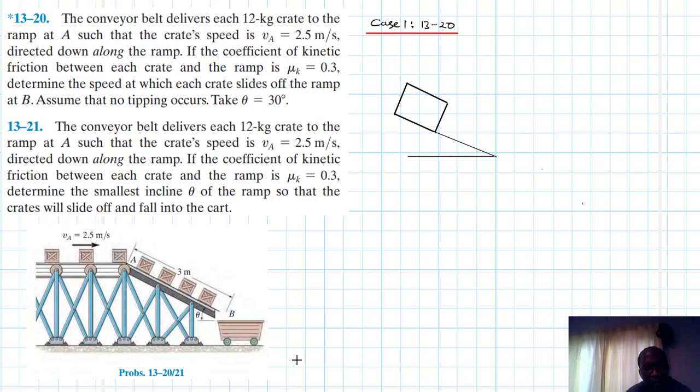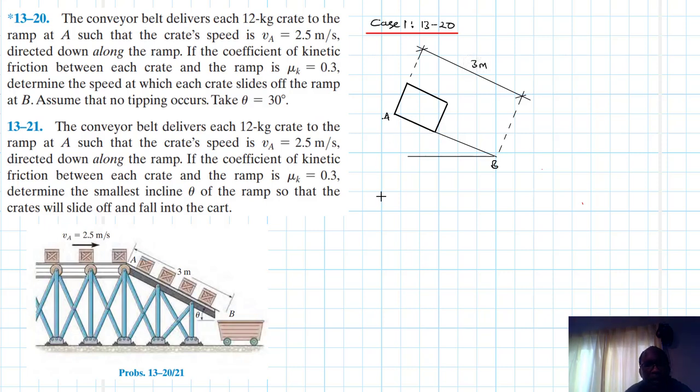Then this point here is B, this point here is A. And then we have this distance here. Let's imagine this distance here is given as 3 meters, right? This is 3 meters.